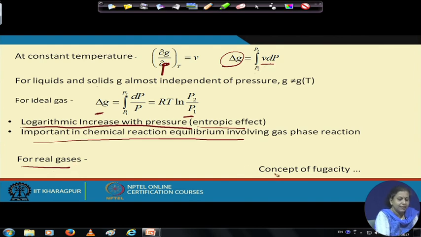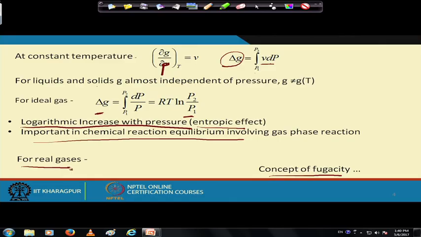We will be discussing after 1 or 2 classes that while trying to find out the variation of Gibbs free energy with pressure for a real gas, we come across the concept of fugacity, and we define another important property, which is the fugacity.